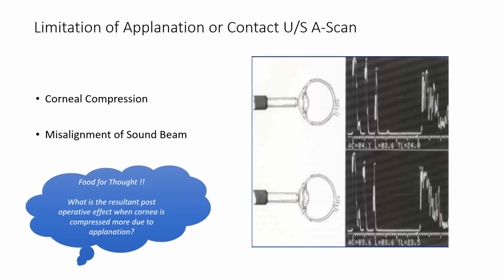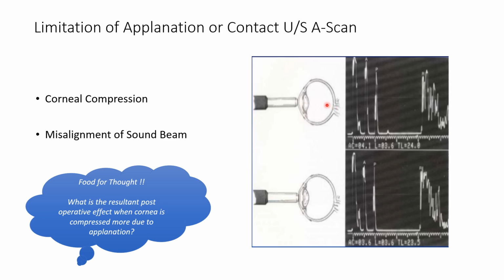One challenge with contact or applanation ultrasound is corneal compression. Because here the probe is touching the cornea, there's every chance that you will indent the cornea. If you press on the cornea more, then what you are getting is a lower axial length.